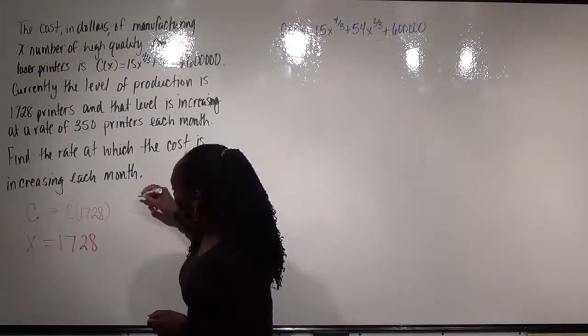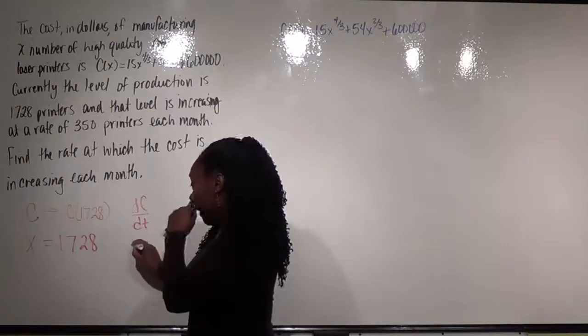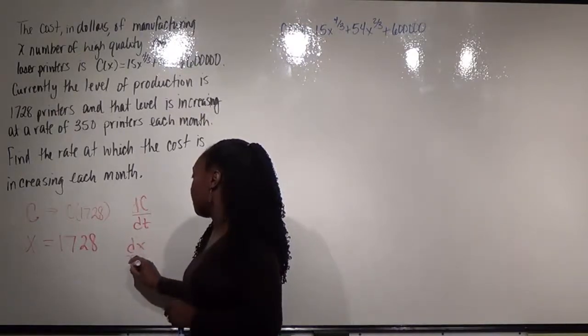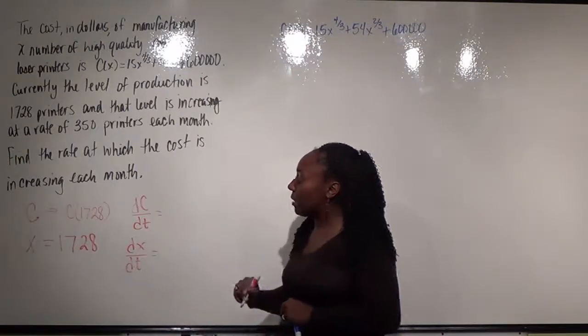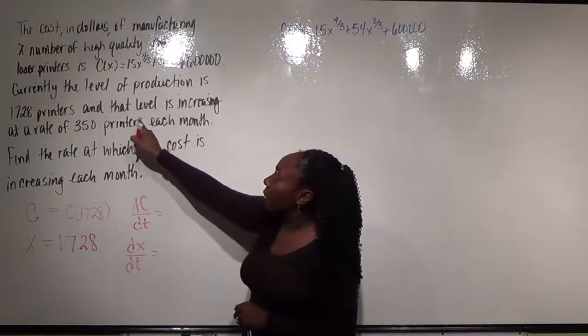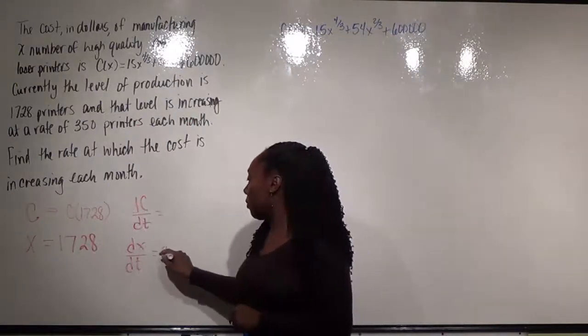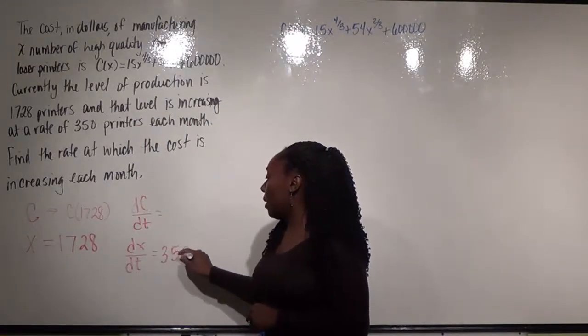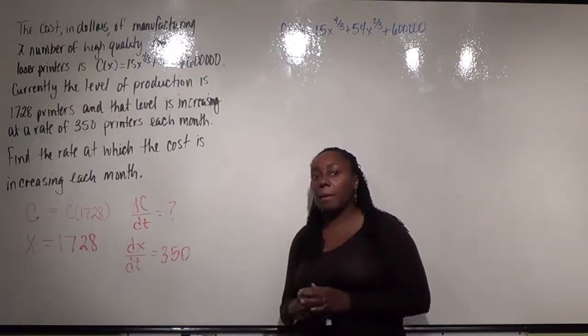We're going to need dC/dt and dx/dt. And in this case, dx/dt is the thing we're given. We know that the rate of increase for the number of printers is 350 per month. And dC/dt is what we're looking for.